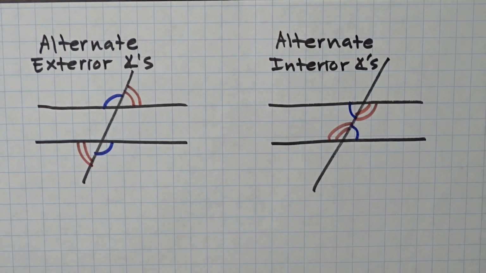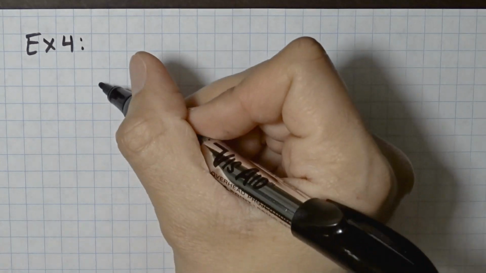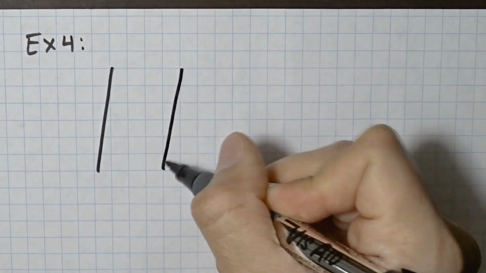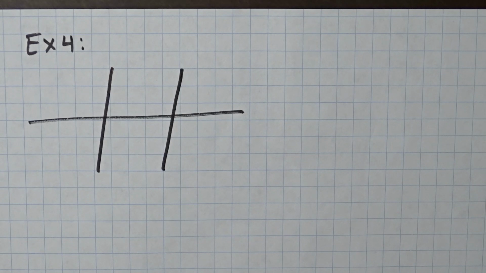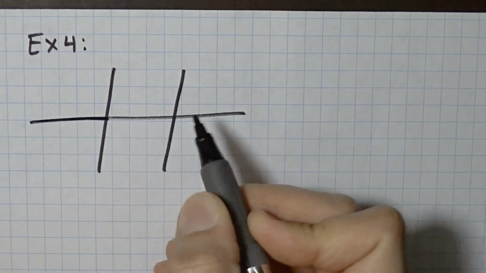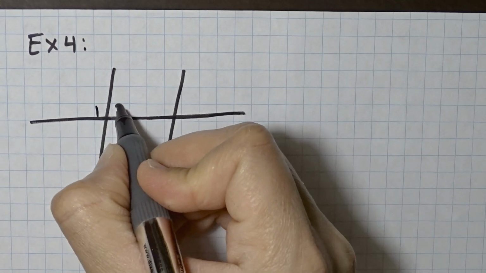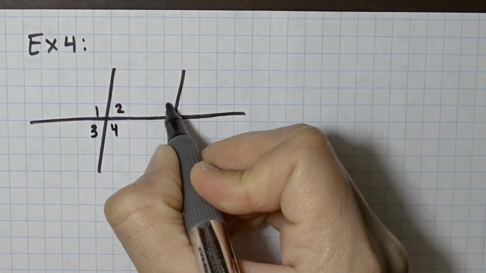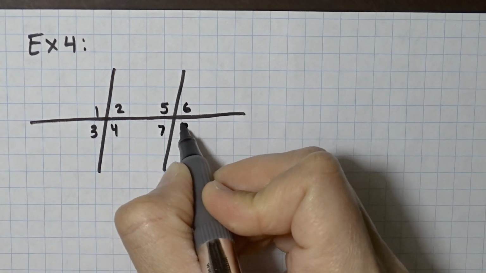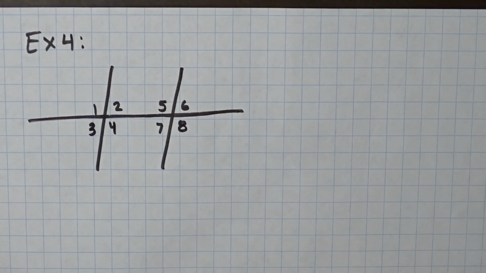So let's look at the last example now. I had to give you a little information before I gave you the next example. All right, so I drew them not in the same orientation as the other ones, but we should be able to identify them this time. And what we're going to do is just name the relationship between the two angles, okay?